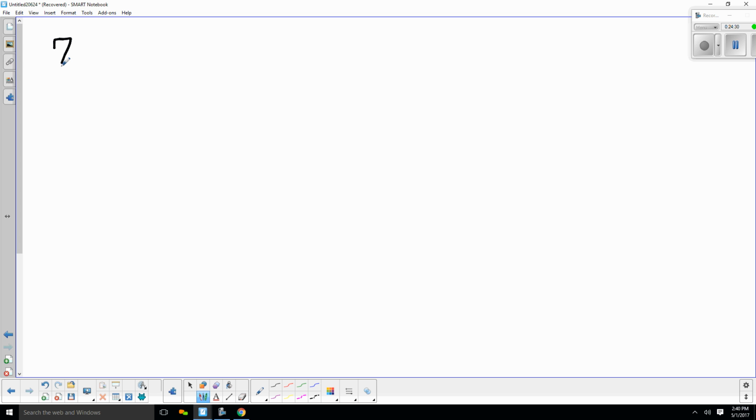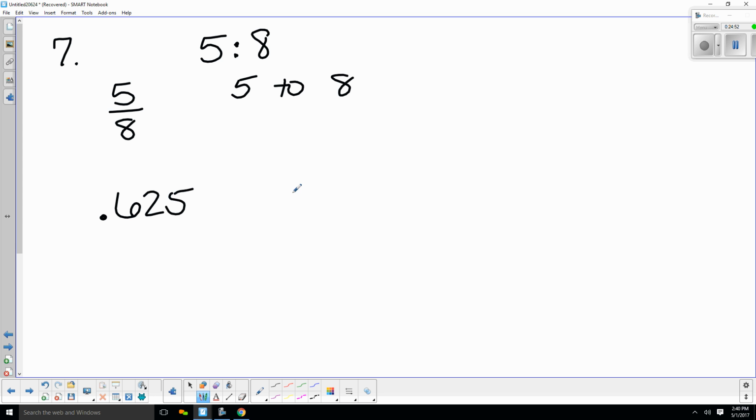Number 7, identify each value that is equivalent to 5:8. Now remember, I can rewrite this 3 ways. I can make a fraction, 5 over 8. I can use the word to, 5 to 8. When I have my fraction, I can actually divide this, and when I divide, I get 0.625.